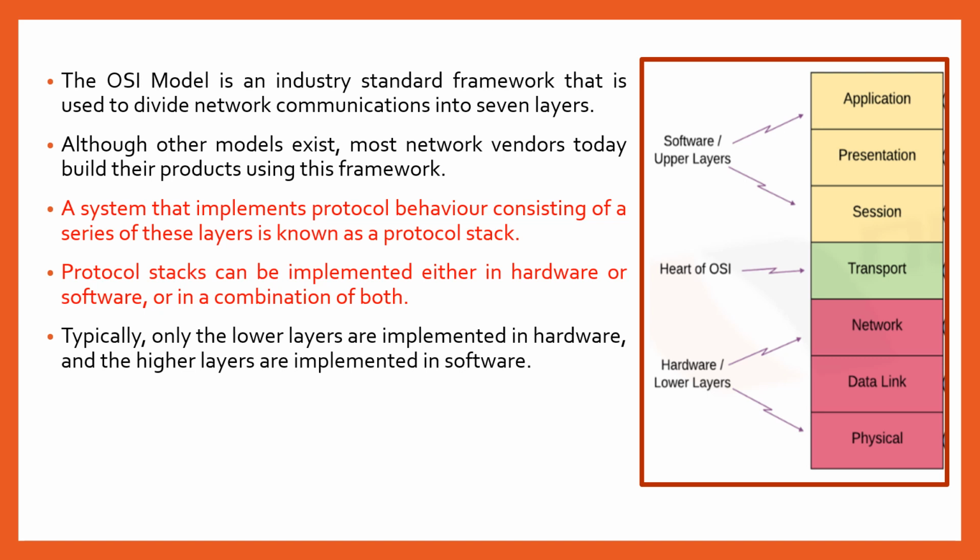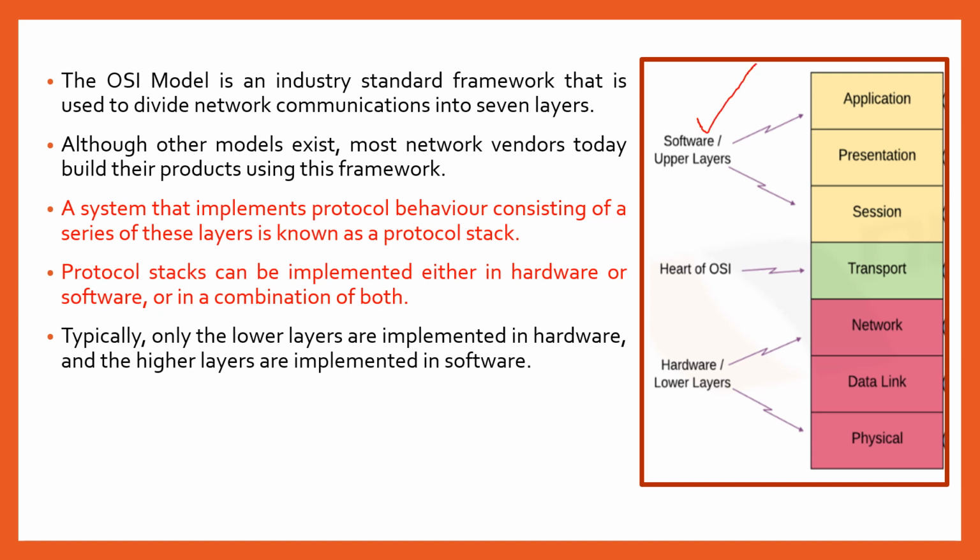If you can see over here, these are the 7 layers, and these 7 layers are classified in 3 different ways. The application, presentation and session layers are classified as the software or upper layers.